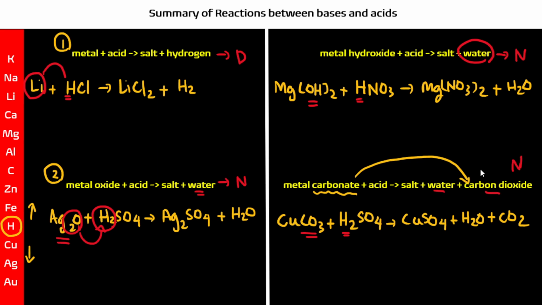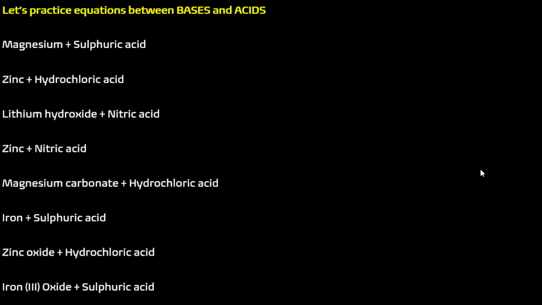So that is all for today's lesson, and let's try to practice some equations between bases and acids, because in the exam they won't be telling you step by step. You will need to be able to write these on command. Okay, so let's say magnesium plus sulfuric acid. Since this is a metal above hydrogen in the reactivity series, we can simply write magnesium plus sulfuric acid will give magnesium sulfate and hydrogen.